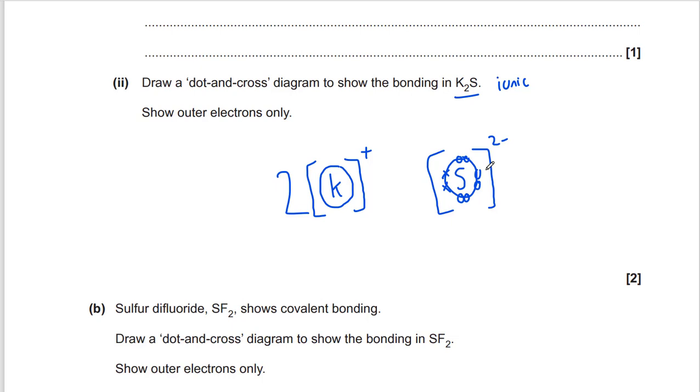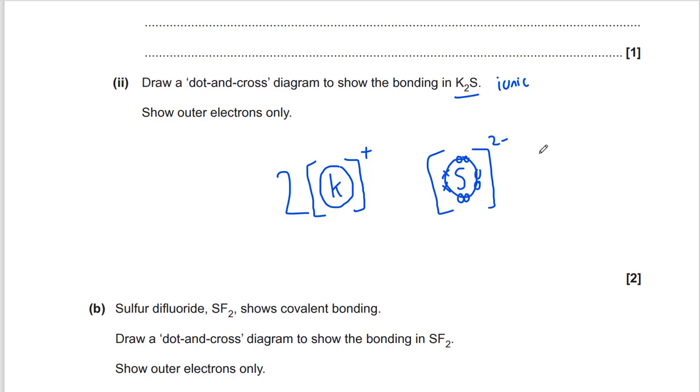Just to be very clear on this, we're at A level now, so you are expected to use different symbols for the electrons. You have to use dots and crosses. You can't just put all dots or all crosses. You have to mix and match: 2 of one and 6 of the other. You must include the correct charges, so positive for potassium, negative for sulfur.